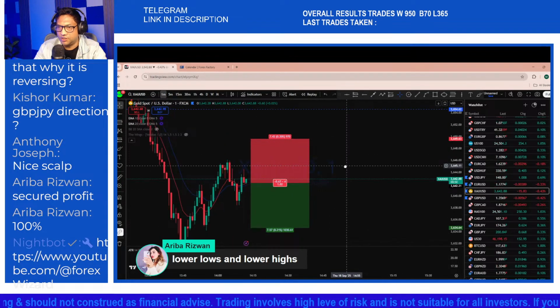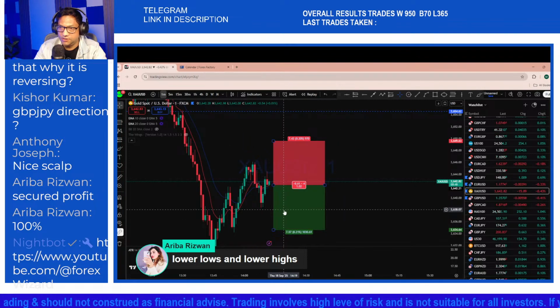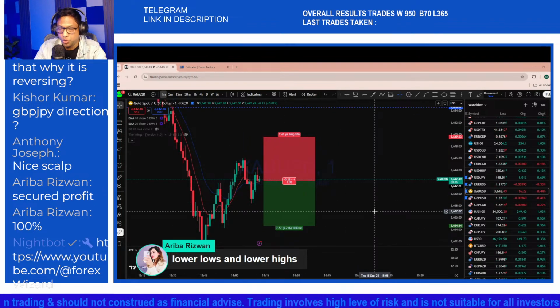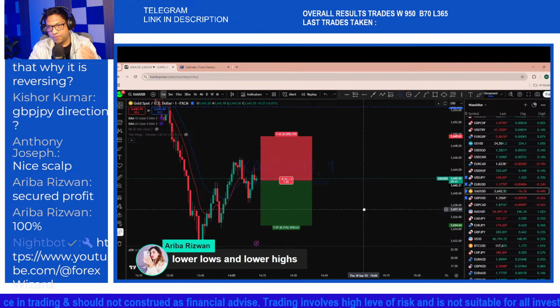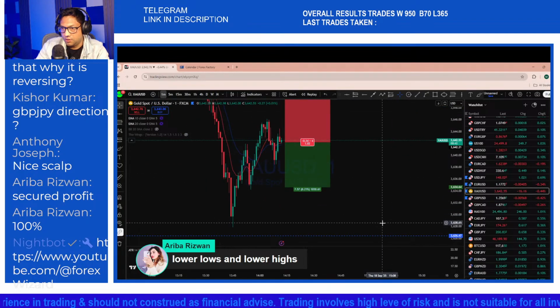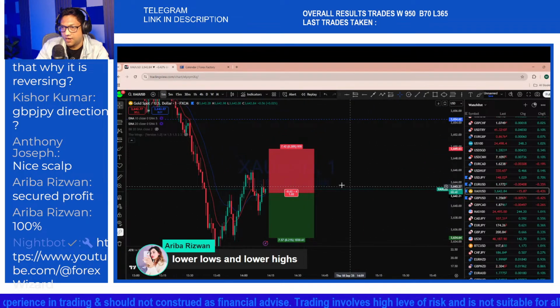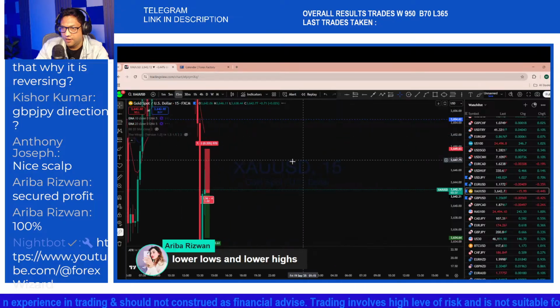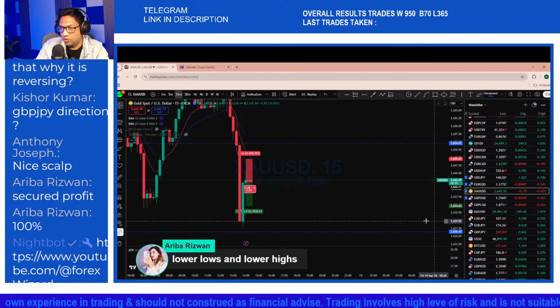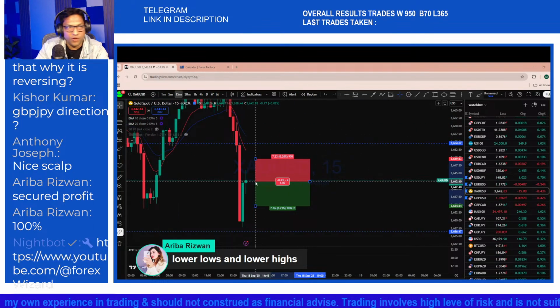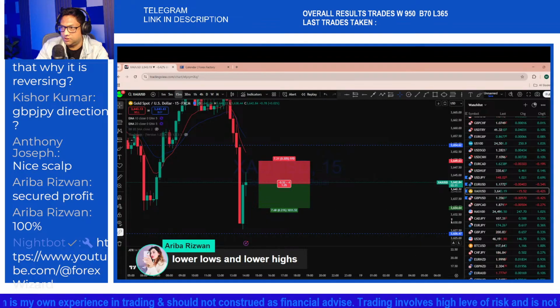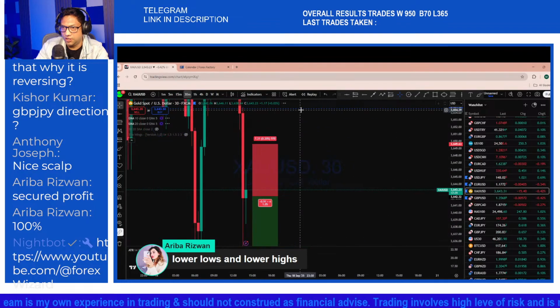The way the market structure is forming, I think the price is possibly going to continue to trend here without retesting this support, and the market is less likely to create a new higher high. So on the lower time frame market structure, you can see it's forming a doji here.